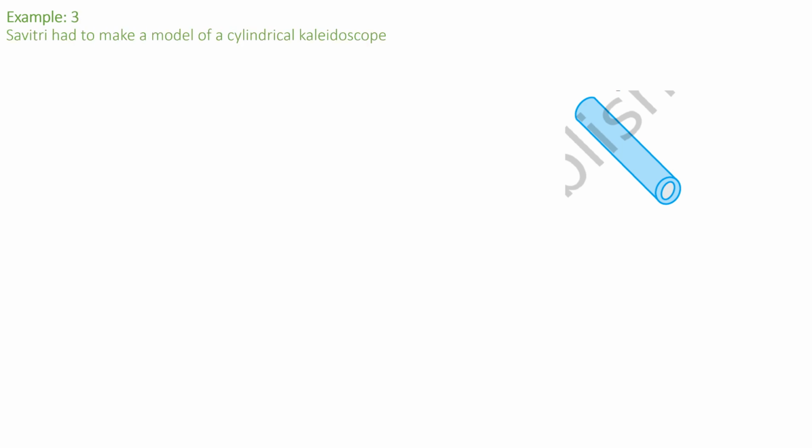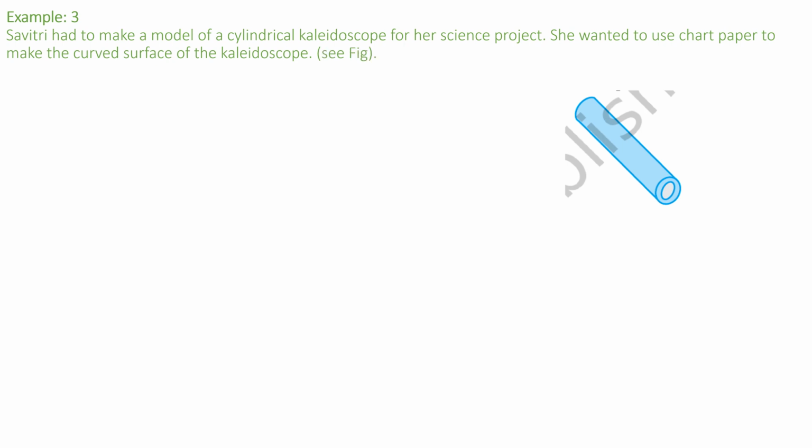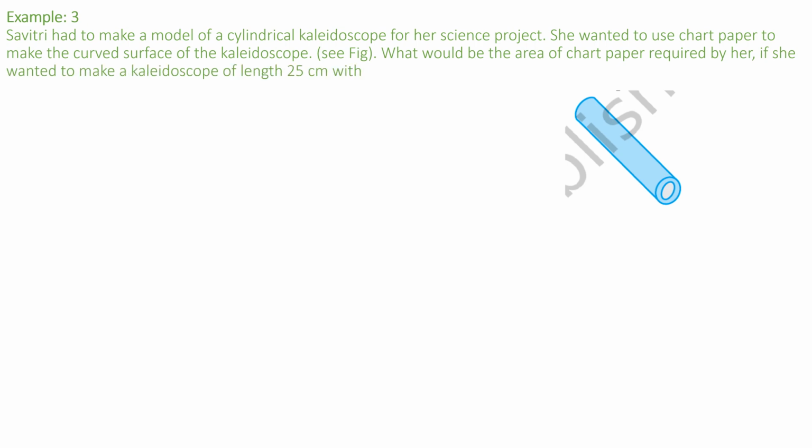Now let's practice with an example. Let's take example 3. Savitri had to make a model of a cylindrical kaleidoscope for her science project. She wanted to use chart paper to make the curved surface area of the kaleidoscope. See, this is the curved surface area. If you can see in the figure, it's very clear, right?